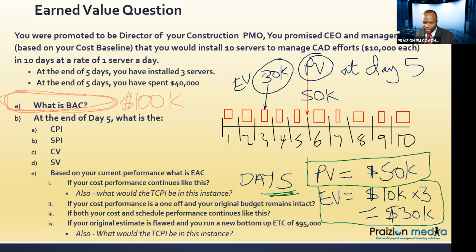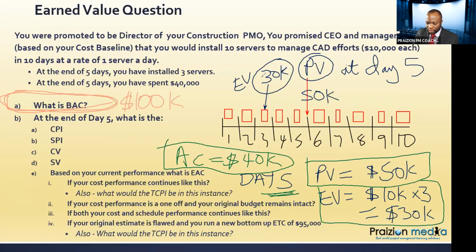It says, at the end of 5 days, you have spent 40K. I see. That's why Wilanda said that is an actual cost. That 40K is your actual cost. See that? So, my friends, armed with that information, I expect you to be able to give me in chat SPI, CPI, CV, and SV.